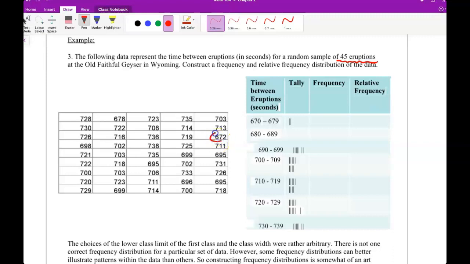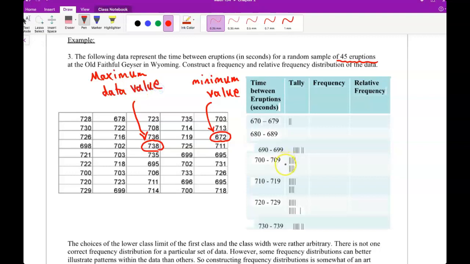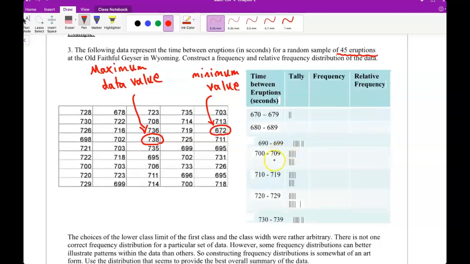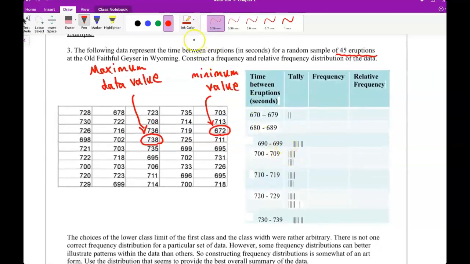This is the minimum number that we have here in this table, and here is the max.